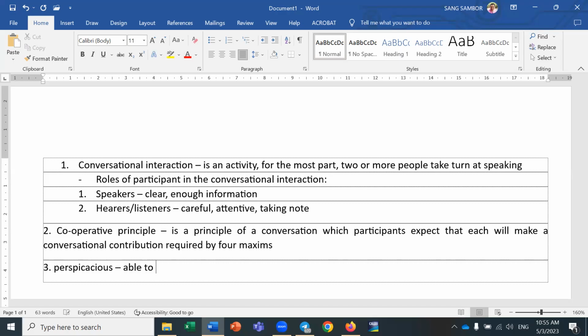understand something quickly and accurately. The next one is obscurity.